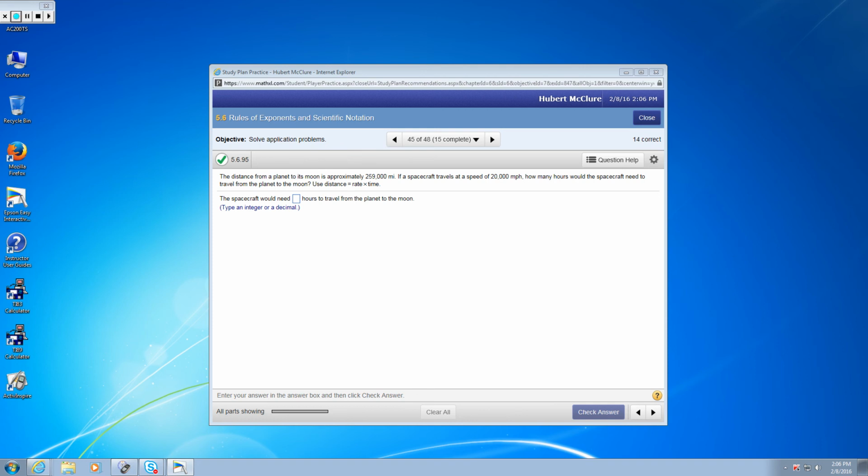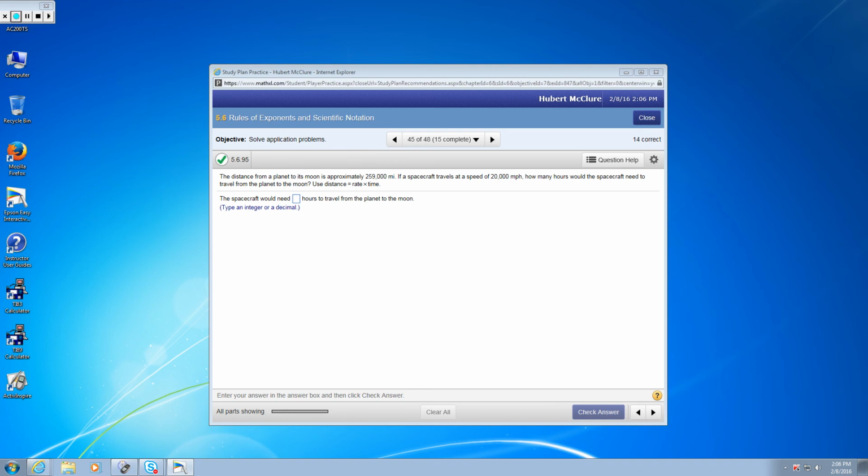Hubert, why are you not putting it? Well, they're not going to ask you for 1.295 times 10 to the first hours. They're going to ask you for 12.95 or 13 hours. Why? Because nobody talks in terms of scientific notation. They calculate in scientific notation and then answer with a whole number.